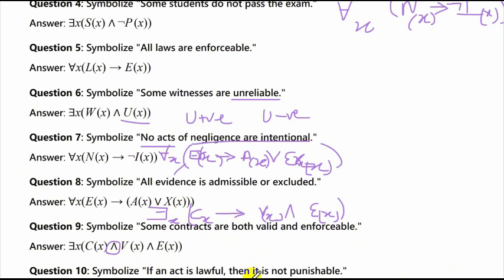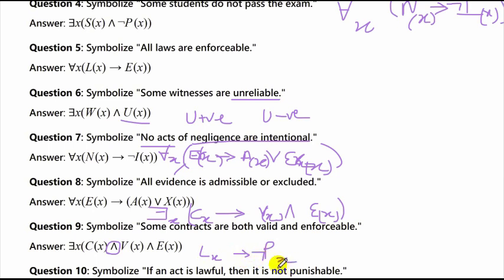If an act is lawful, then it is not punishable. So this is an if-then statement. If an act is lawful, so lawful we can say LX, then it implies x is punishable, that is, the act is punishable. If an act is lawful, so x is an act, then it implies it is not punishable.